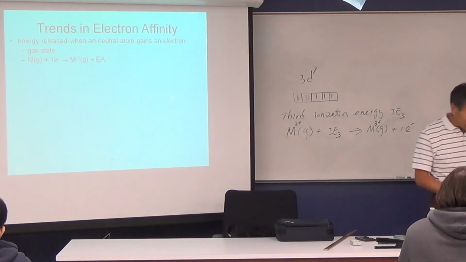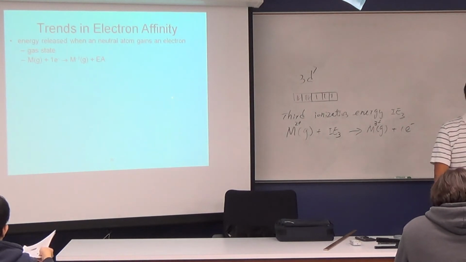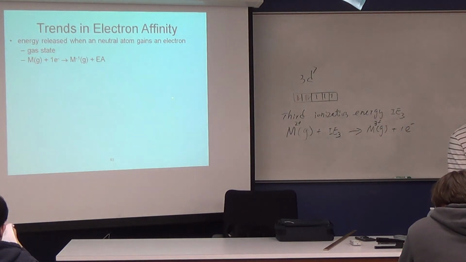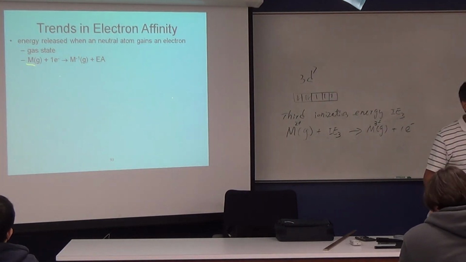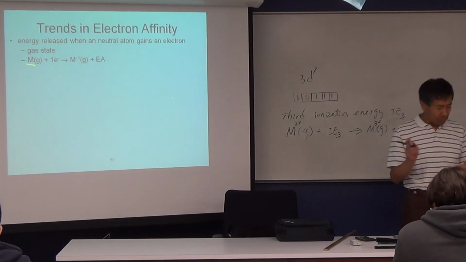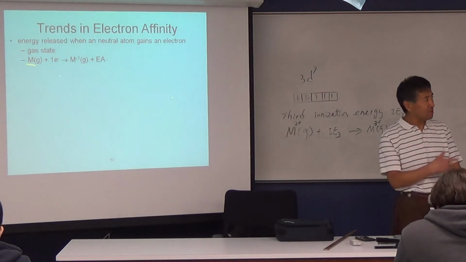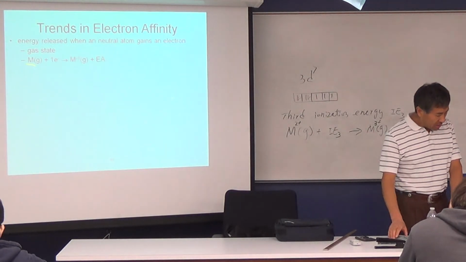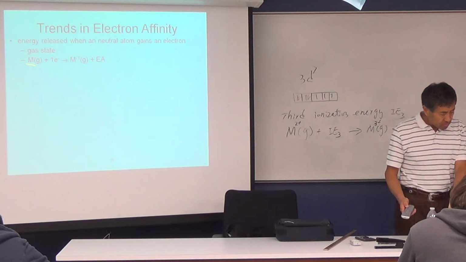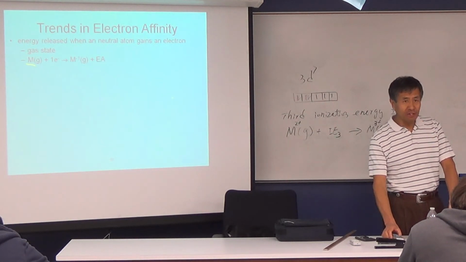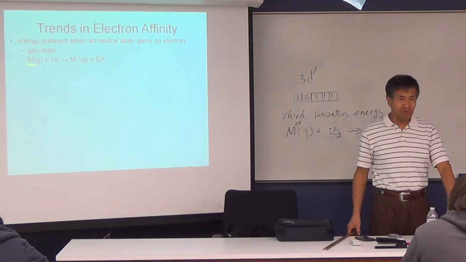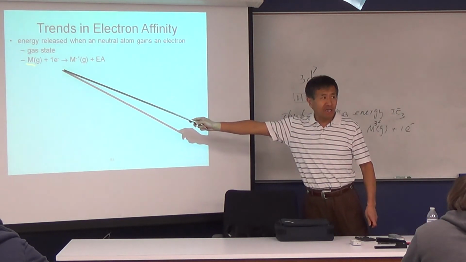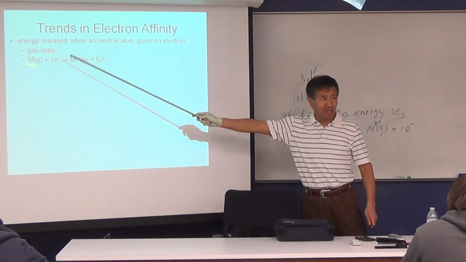I also like to talk about gas states. Again, we use the generic symbol for the element, which is M. M can be any element, H, Na, or Mg. For electron affinity, you are putting an electron onto the atom, so the electron is a reactant.